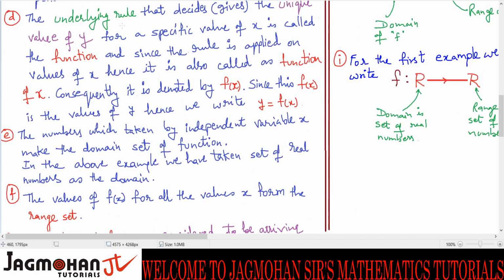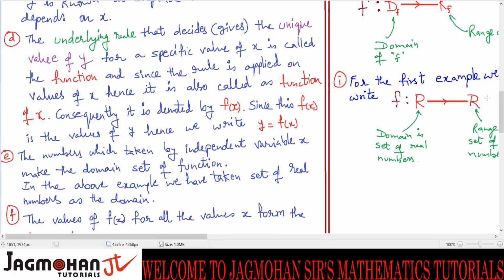So the last point that we had, right now we are working on understanding what is a function of x. The last point that we saw was this point D: the underlying rule that decides or gives the unique value of y for a specific value of x is called the function.